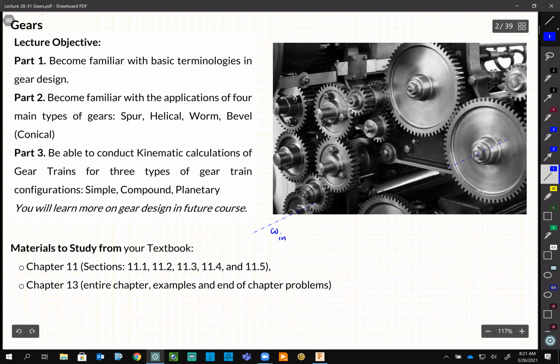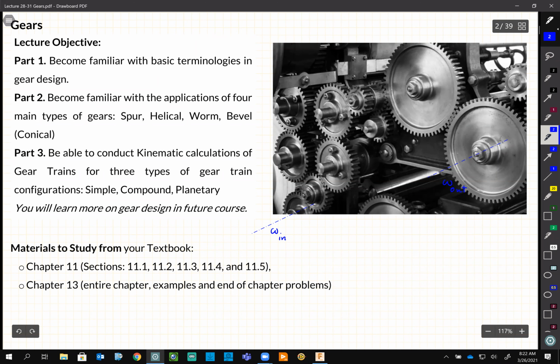And this is the output shaft, omega output. We want to know the ratio between these two, and if we want to design a system, a gearbox, how we should arrange them. There are 3 possible configurations: simple, compound, and planetary gear. So that's going to be the focus of our course.